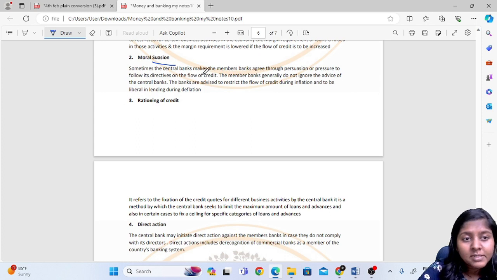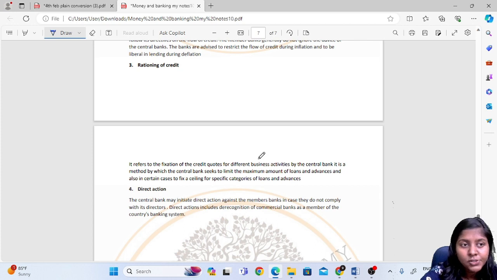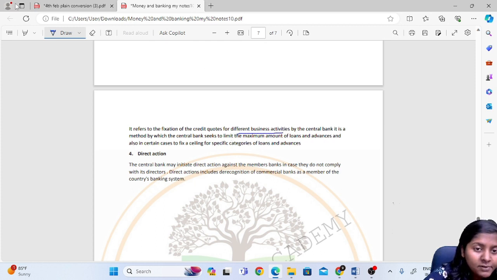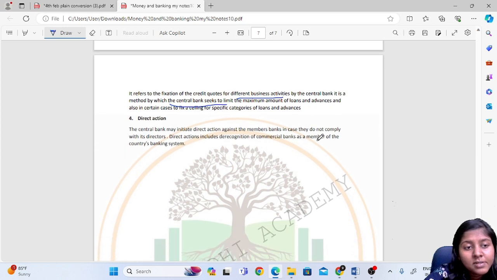Then moral suasion. Sometimes the central bank makes the member banks agree through pressure to follow its own principles and directives. The banks are advised to restrict the flow of credit during inflation and to be liberal in lending during deflation. Then rationing of credit refers to the fixation of credit quotas for different business activities by the central bank, a method by which the central bank seeks to limit the maximum amount of loans and advances.